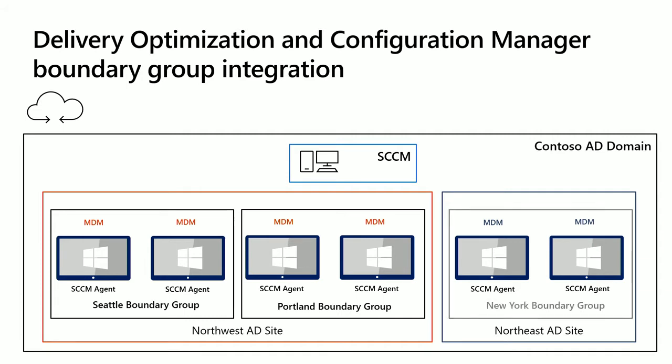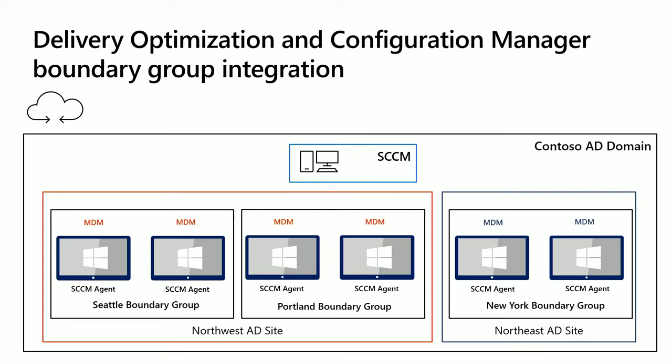So with SCCM, if you enable the boundary group option, it applies a policy that delivery optimization looks at and assigns all the machines that are in that boundary group to a single unified group based on this site. So now instead of trying to go across the WAN, delivery optimization knows to remain within the boundary group that's defined by SCCM.